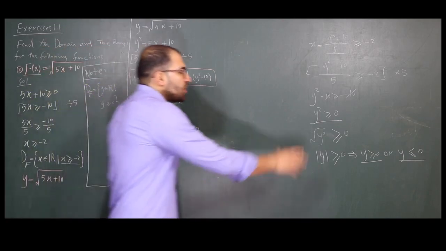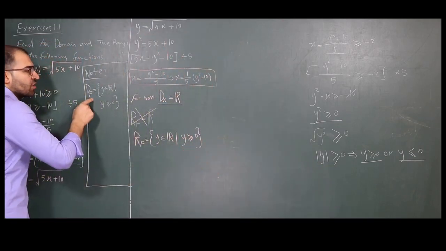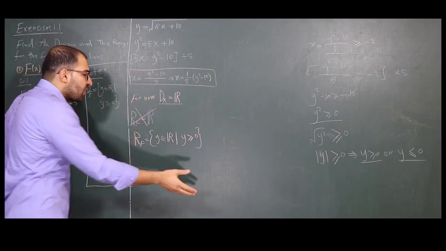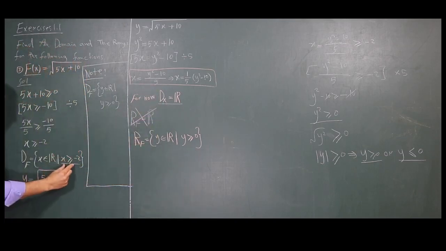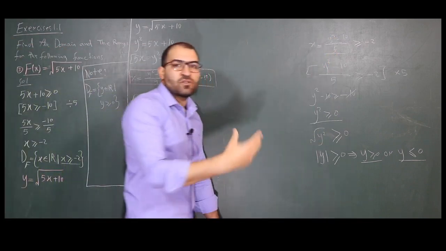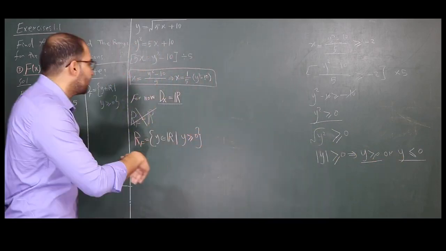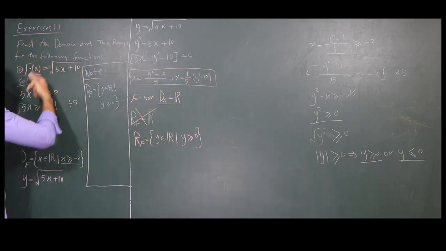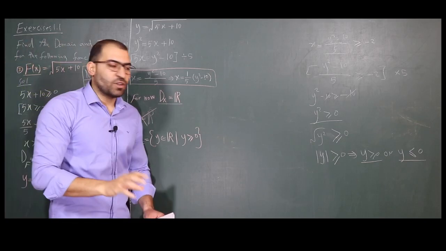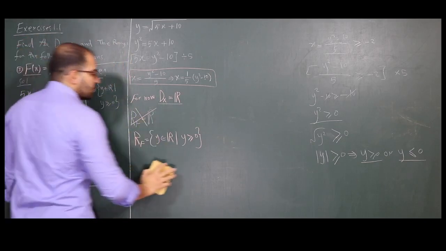I wrote all these steps just to tell you where we get this notation from, because if we applied the construction of the domain to the range and solved, we would get two sets. Then we come back to our observation and intuition, and we can choose that the range of this function will be just the positive numbers.